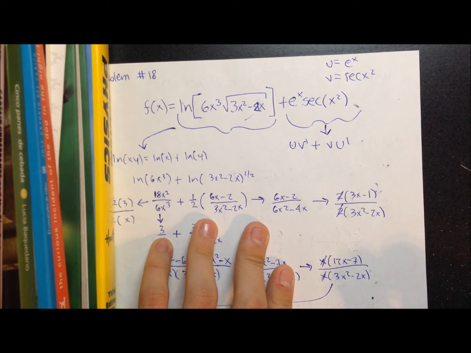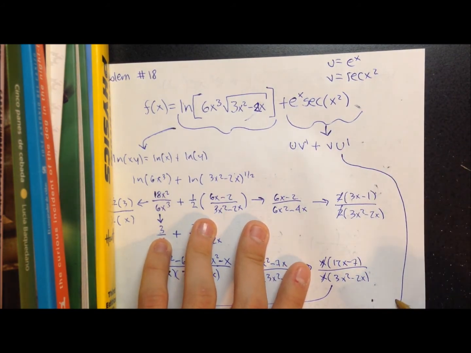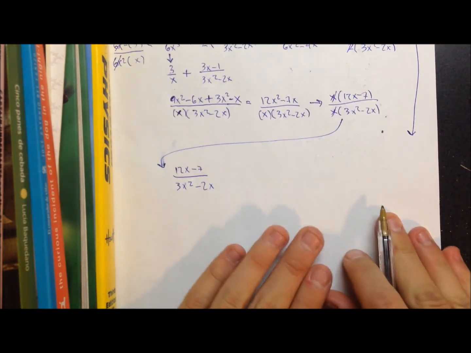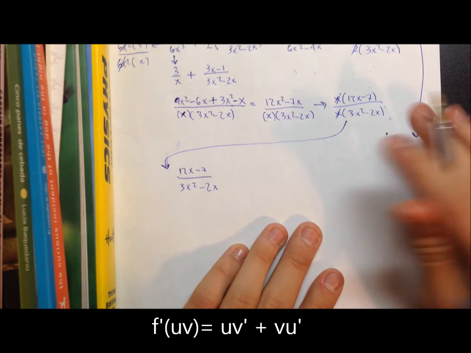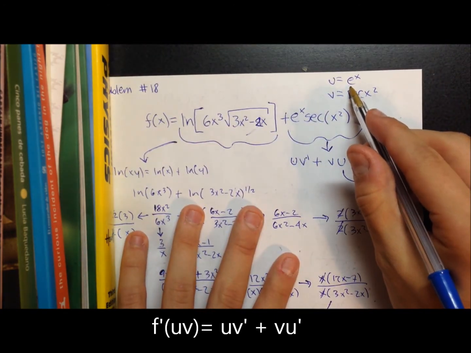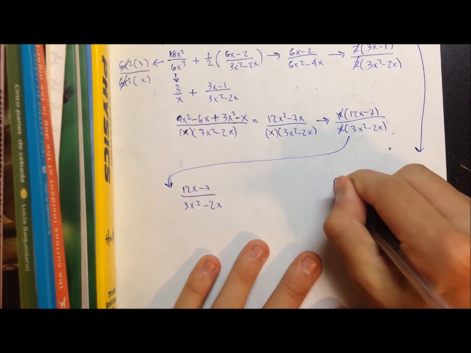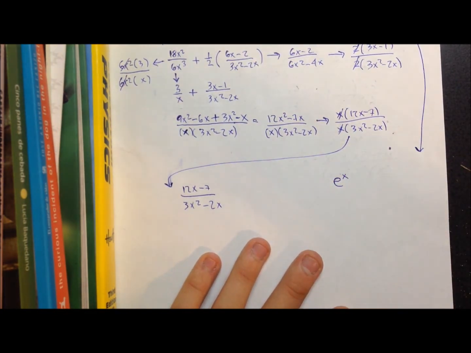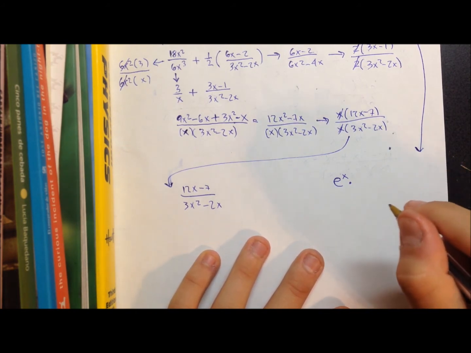So in the product rule, it's gonna be u times v prime. So it's gonna be u, in this case, e to the x power times v prime, secant of x squared.